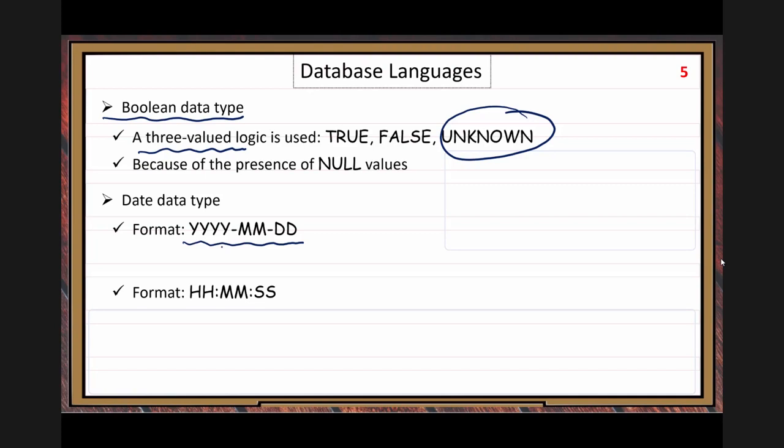Dash, 2-digit. Yeah, 2-digit. But there is a little thing, because for some of the months you do not have 2 digits, you use 0, right?